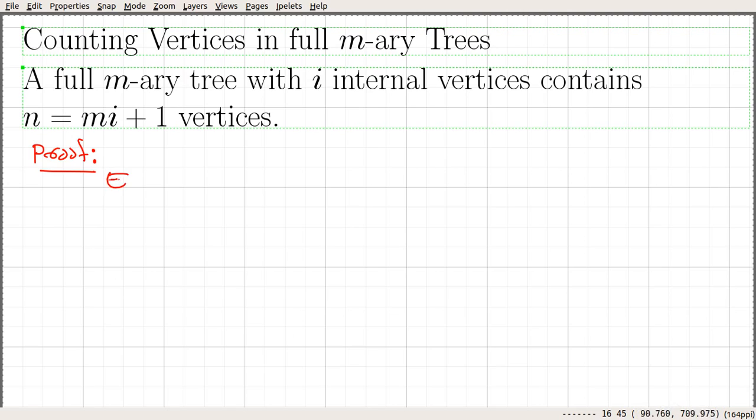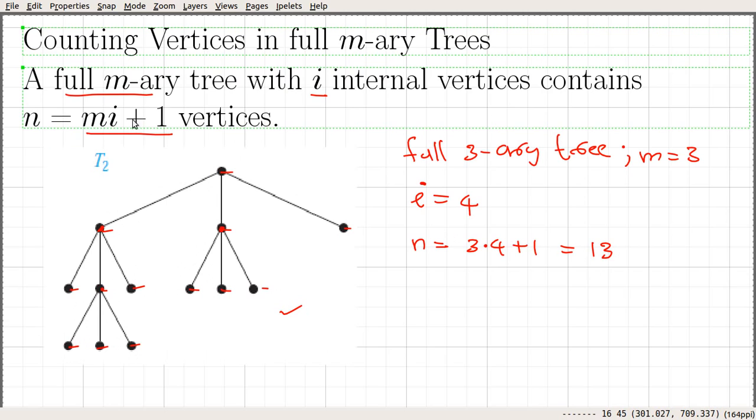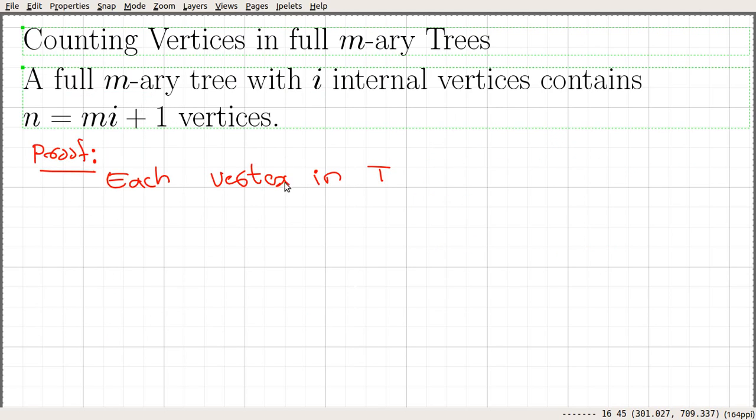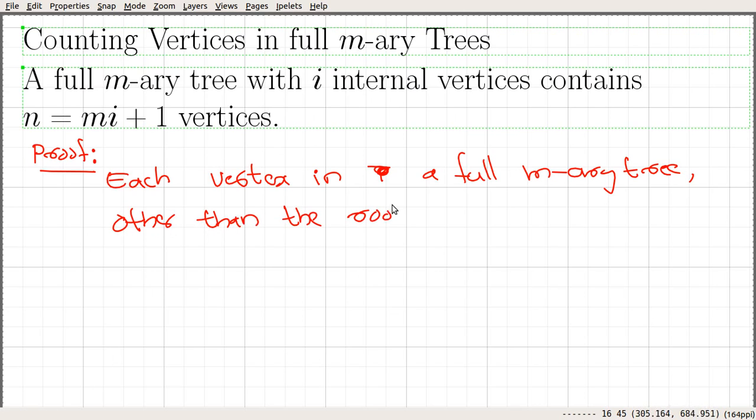So you can see that each vertex in a full m-ary tree other than the root is a child of a unique vertex.